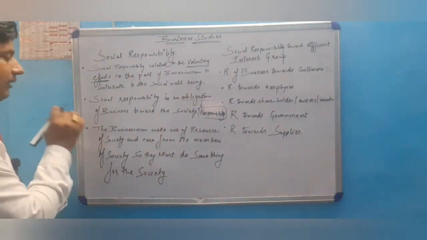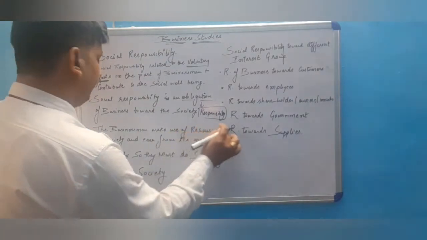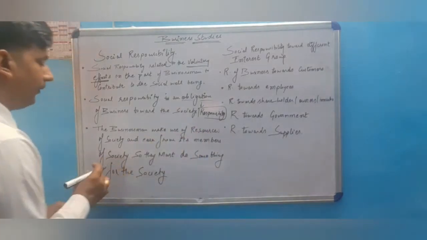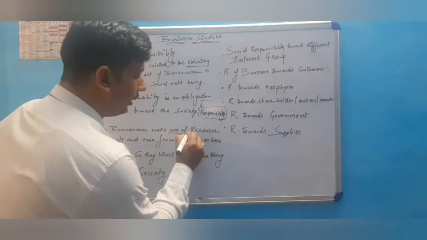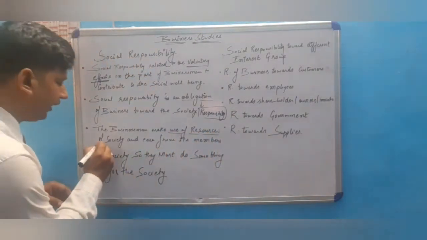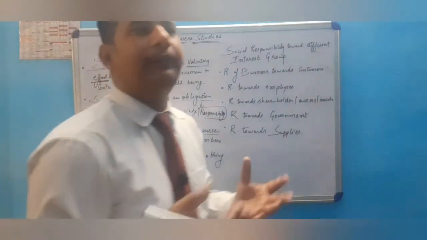Now the third one is that the businessman makes use of the resources of the society and earns from the members of the society. In a business, the businessman uses the resources of the society, because he will not bring the material from his own.